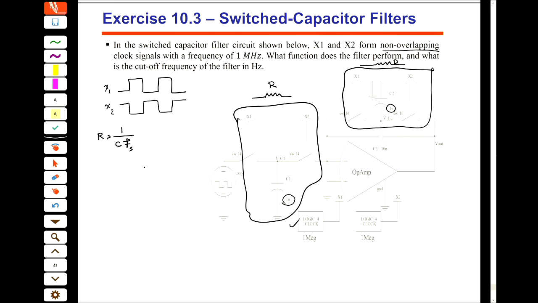Then this circuit is simplified to this circuit, that we have V out, V in, R, and then this is C3.